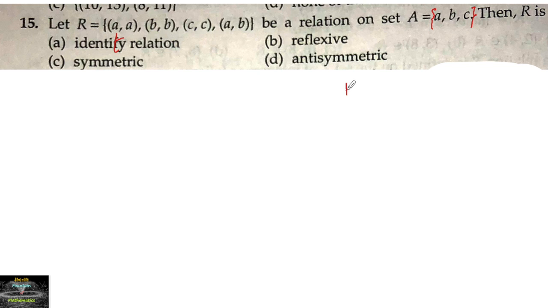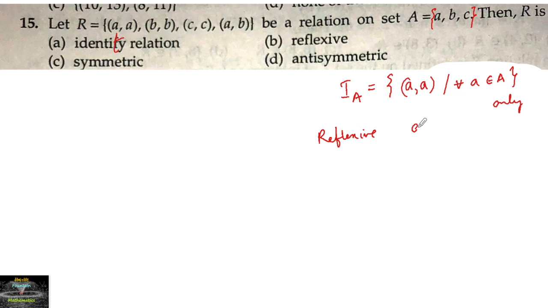Identity relation: suppose the identity relation I on a set A is given as (a, a) for every a belongs to A only. This is only, meaning there is no other element. And a relation is said to be reflexive if (a, a) for every a belongs to A. It's not only; there may exist other ordered pairs also.